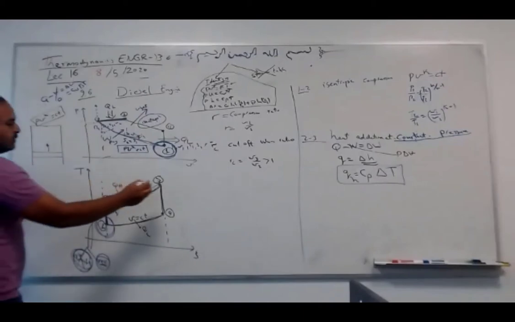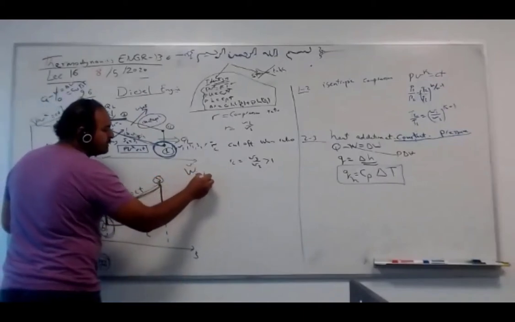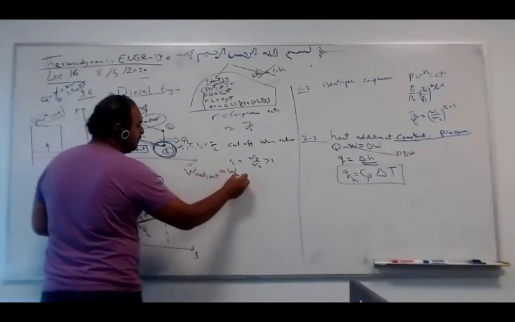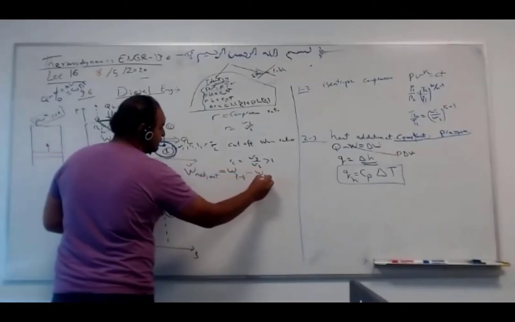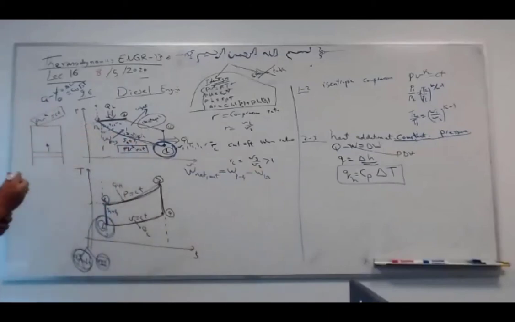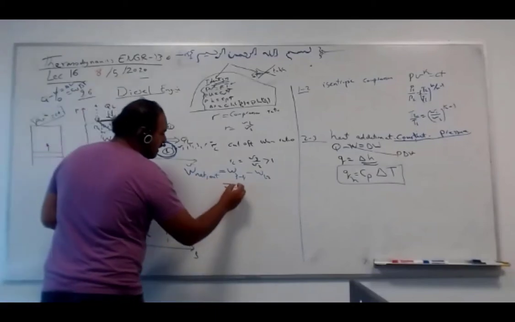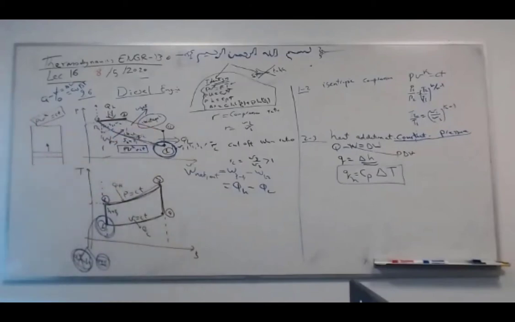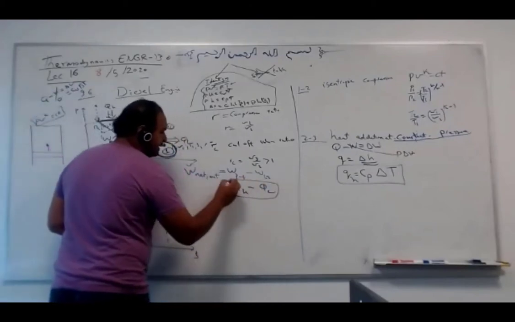So remember, when we talk about W net out, it's actually W between 3 and 4 minus W 1, 2. In 1 to 2, we have compression, we pay something. We need to subtract it, which is equal to Q high minus Q low. This is W net out. So it's usually easier to use this way to get W net.